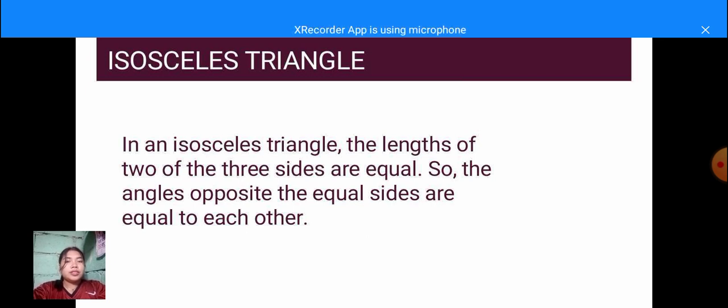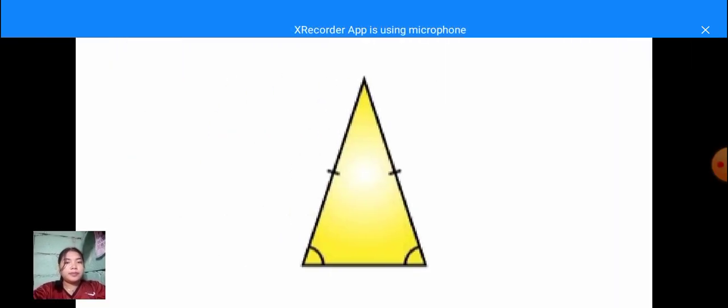For isosceles triangle, in an isosceles triangle, the lengths of two of the three sides are equal, so the angles opposite the equal sides are equal to each other. Here's the example.